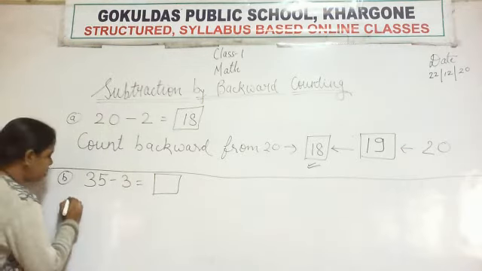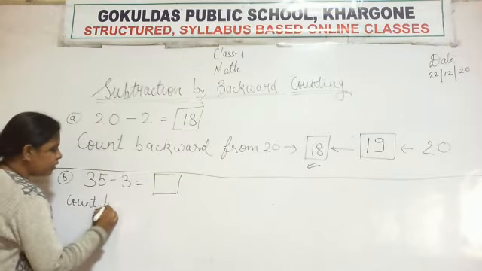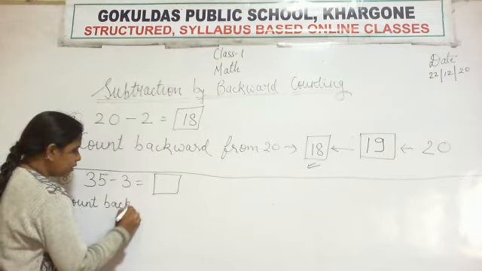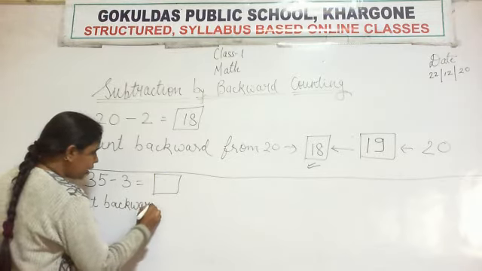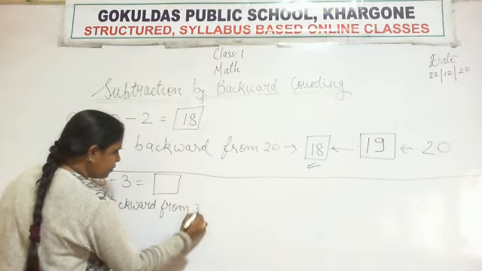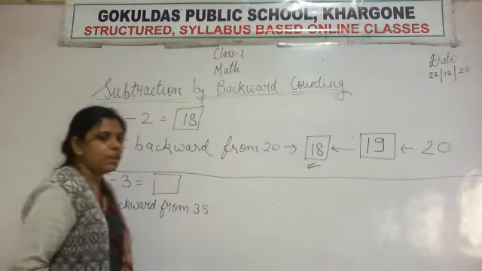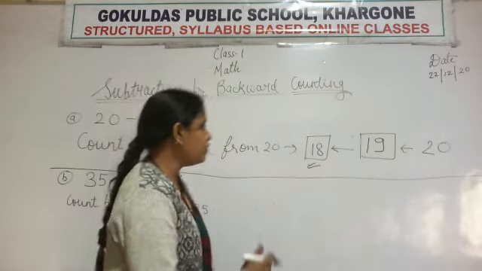So first write count backward from 35. So how many numbers do we have to count?